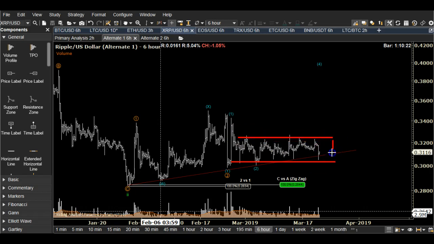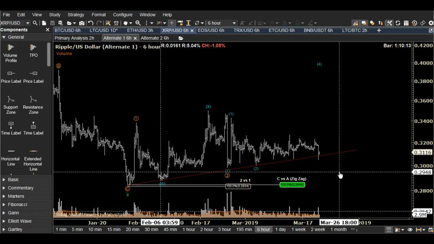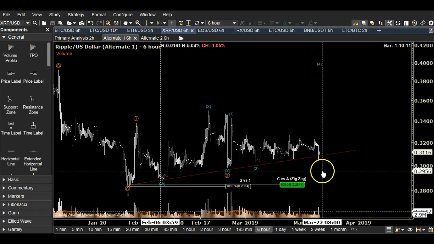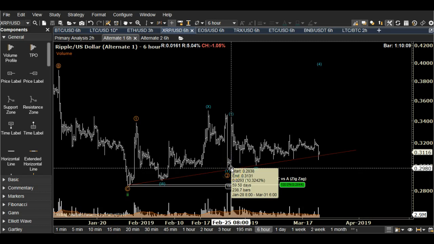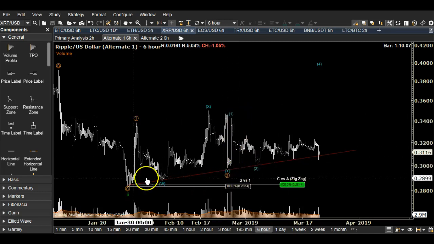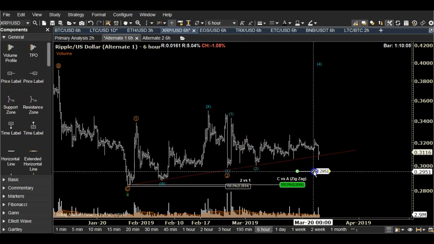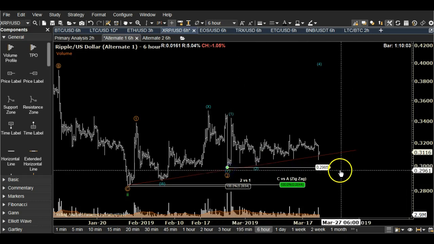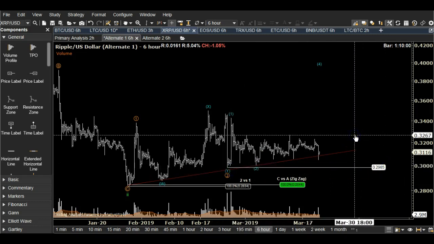Let's see what's going to happen when it breaks out of it. For right now, just patience and nothing to do. I'm still long on Ripple, and my stops are below this level here, which is the start of this wave 1.